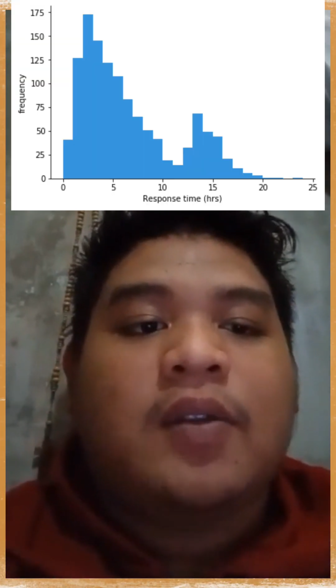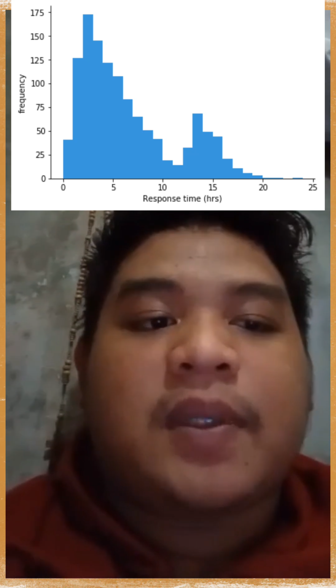Histogram. A histogram is an approximate representation of the distribution of numerical data. The term was first introduced by Karl Pearson. To construct a histogram, the first step is to bin the range of values, that is, divide the entire range of values into a series of intervals, and then count how many values fall into each interval.